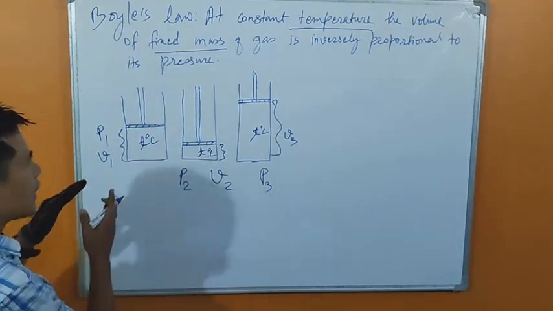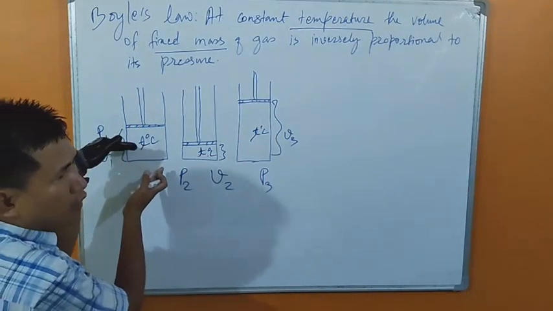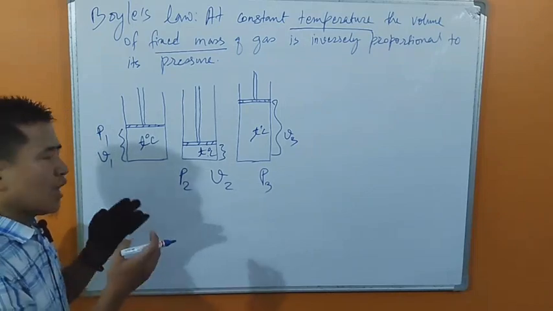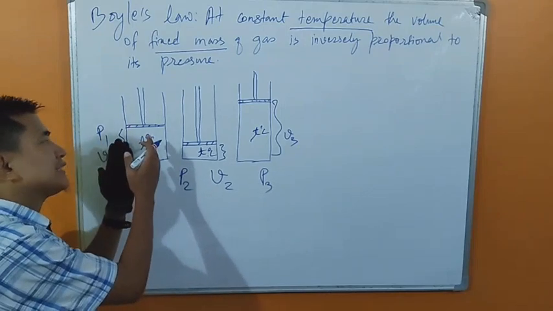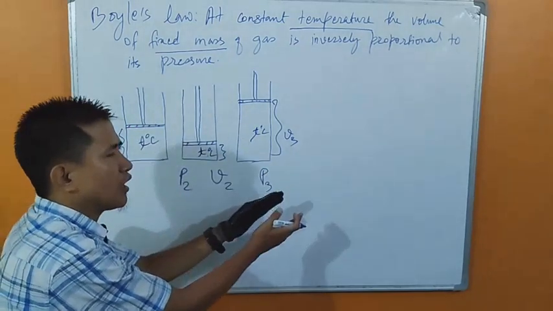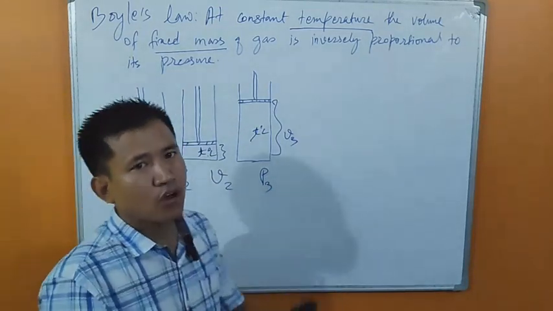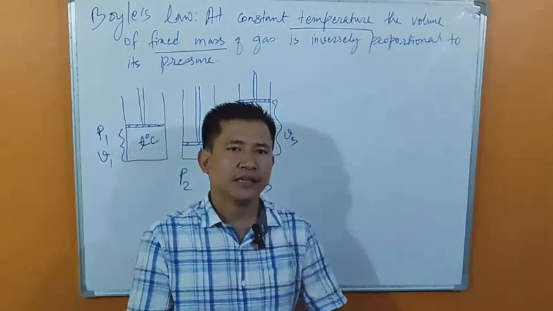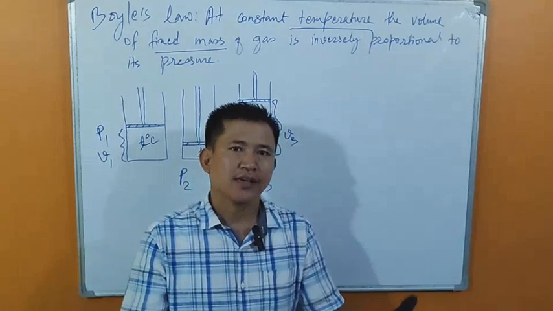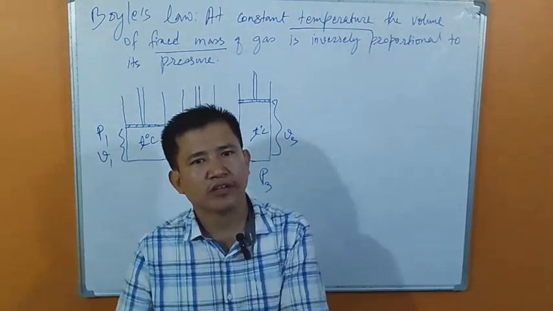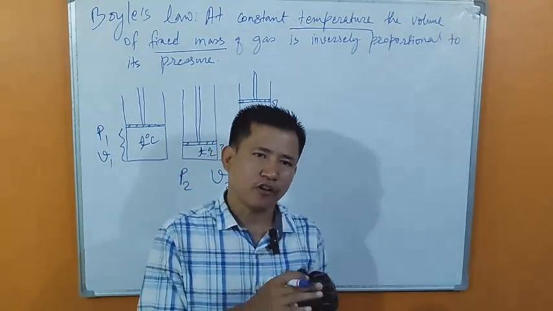Which means no extra heat energy should be allowed to enter the cylinder and no heat energy from the cylinder should be allowed to escape from the cylinder. As you know, when heat enters the body, the temperature of the body rises, and when heat leaves the body, the temperature of the body falls.